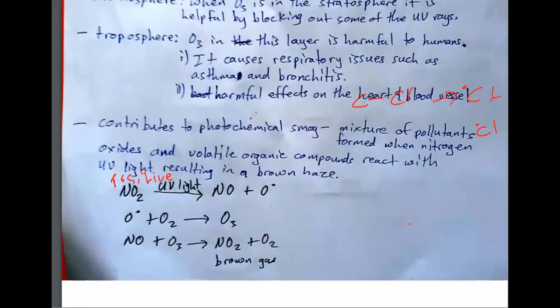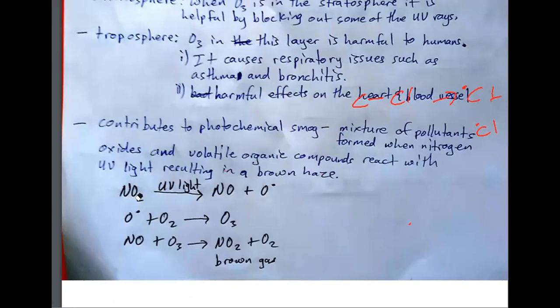It also contributes to photochemical smog, and I put the definition there. For this one, the nitrogen dioxide starts it off. It interacts with UV light. As you should know by now, UV light is breaking up the molecules to generate a radical.